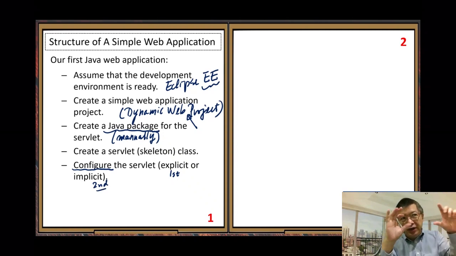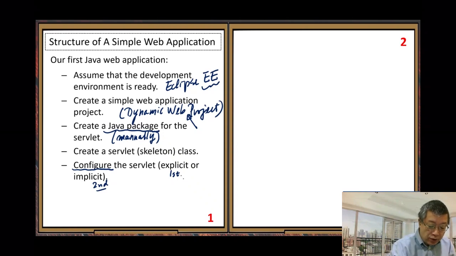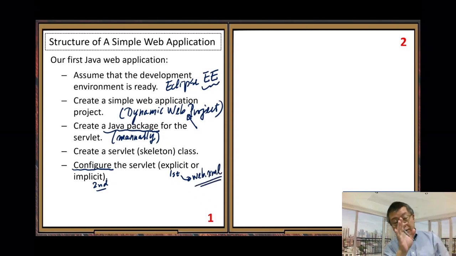Explicit, you need to put the configuration code somewhere. So where? Here I let you know. You need to put the configuration code in web.xml. Web.xml, we call it a configuration file, or deployment descriptor. We also call it the deployment descriptor.